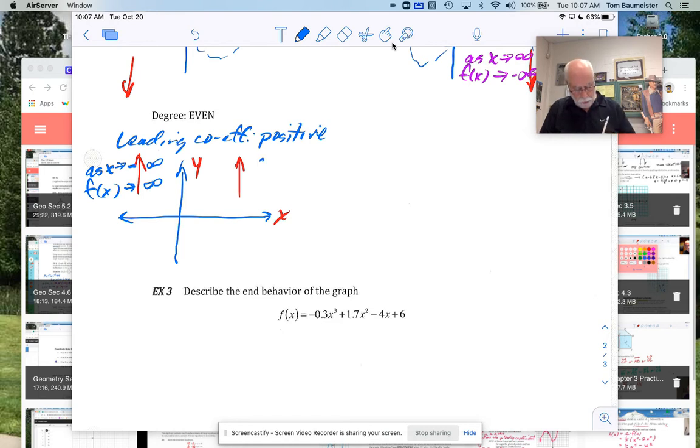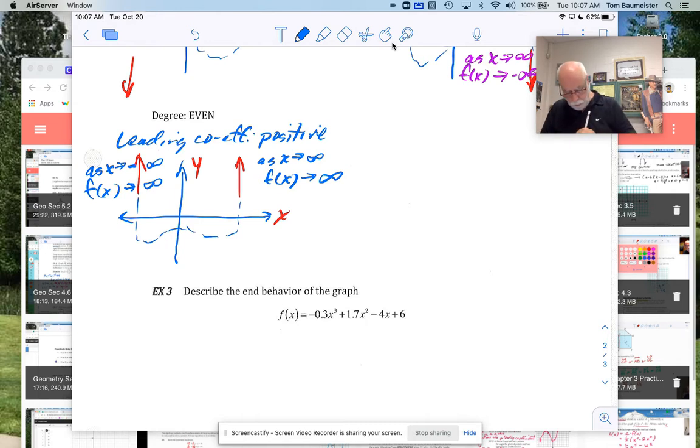And on this one here, as x goes to positive infinity, f of x is going to positive infinity. And I'll draw, remember, will this be almost like a parabola? But I'm going to give you a different one. I'm going to give you a quartic. And if you look, a quartic looks almost like a W.